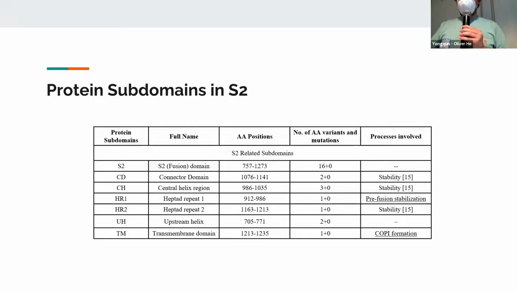The S2 domain, while being less interesting in terms of experimental response, since most vaccines and drug treatments focus on S1, still plays a variety of roles that affect the actual viral protein stability, which is important for how the natural protein will be able to interact conformationally with human ACE2 and actually enter into the cell. You can still see we have a larger amount, even though it tends to be more spread out through individual variants, which are shown on the left side, along with mutations, which are on the right.